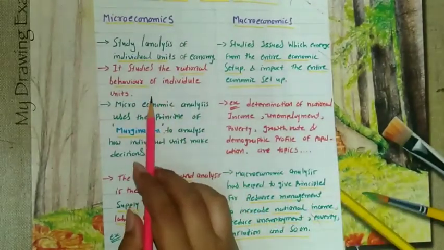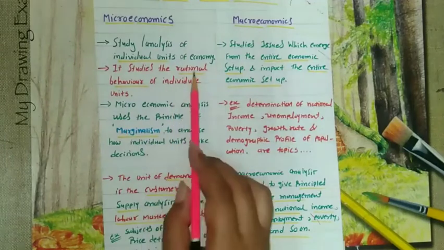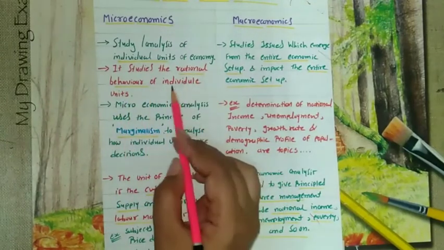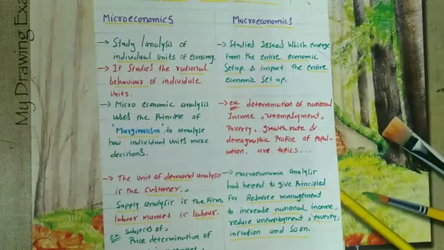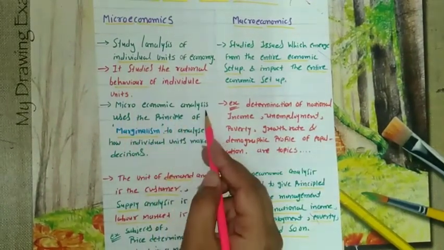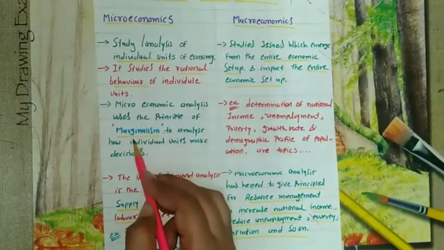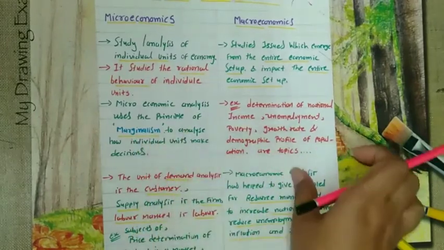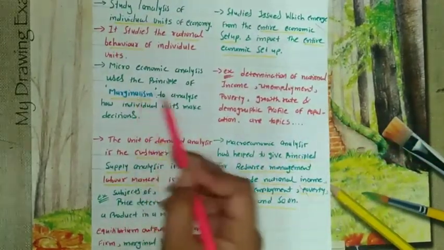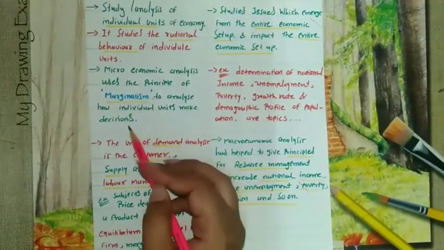It studies the rational behavior, the logical behavior, of individual units. Microeconomic analysis uses the principle of marginalism to analyze how individual units make decisions.